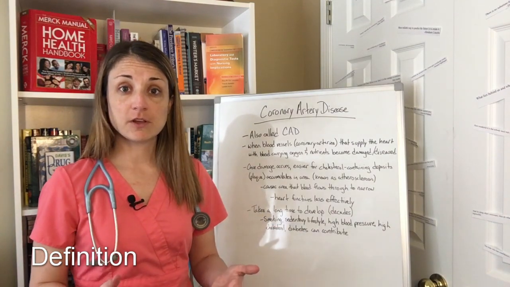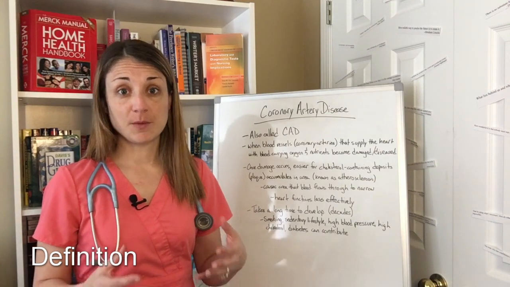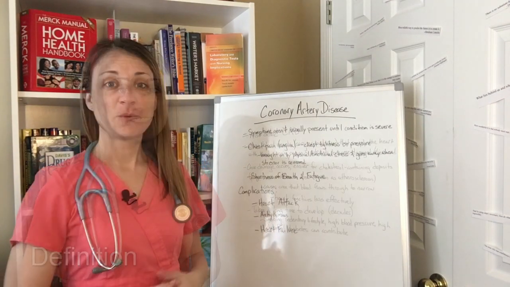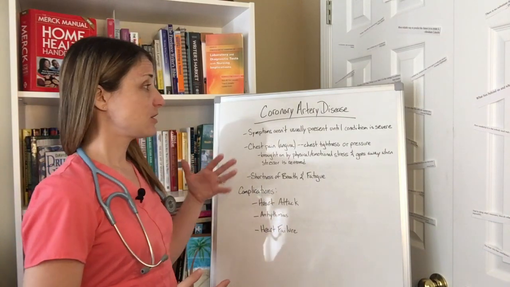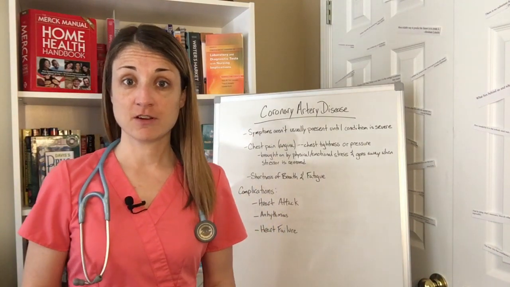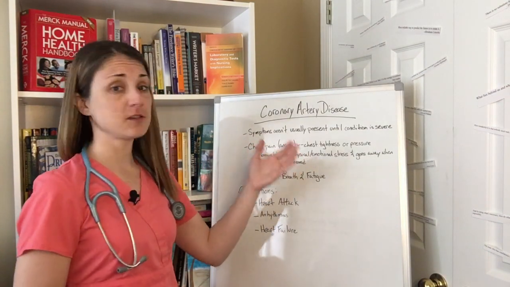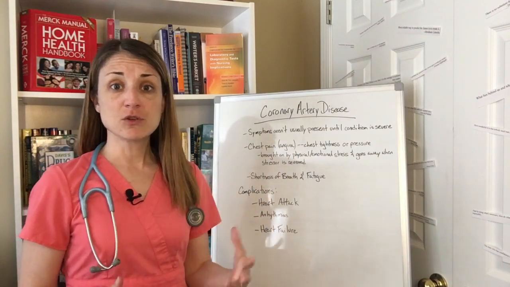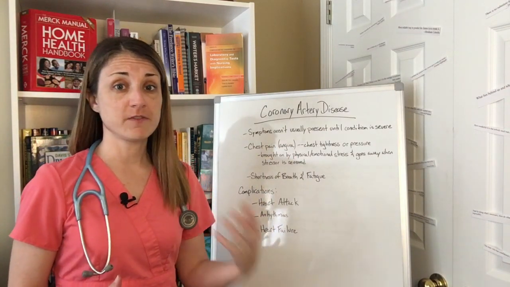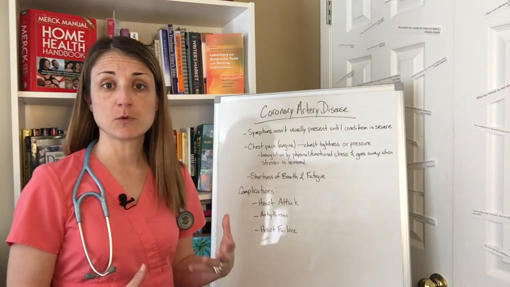Let's take a closer look at what symptoms you could experience and what are some potential complications. When it comes to symptoms of coronary artery disease, they don't usually appear until the condition is severe. The most common one is chest pain, chest tightness, or chest pressure. This is also known as angina, and it's usually brought on by some form of either physical or emotional stressor, and it'll go away once that stressor is removed.